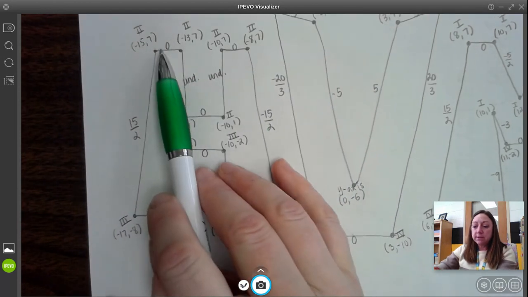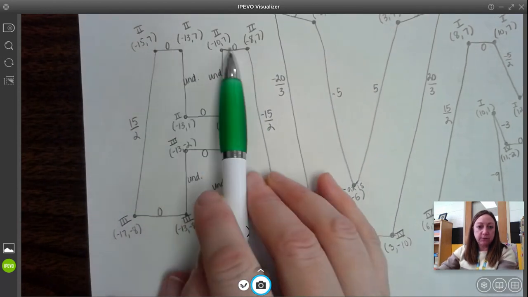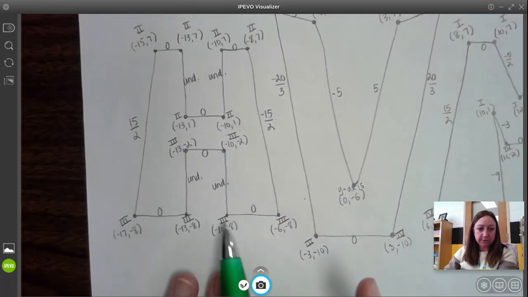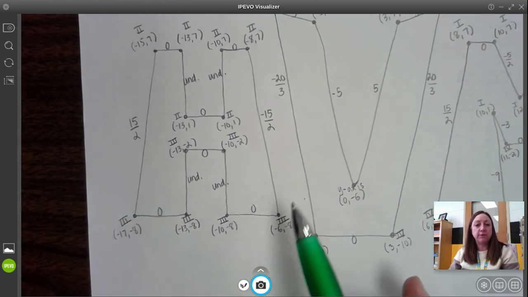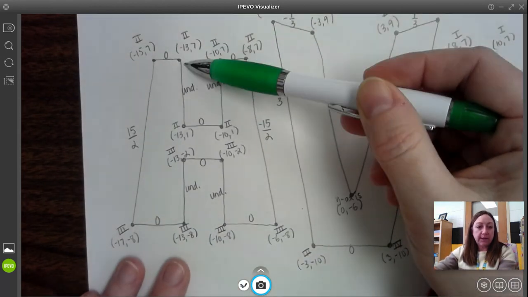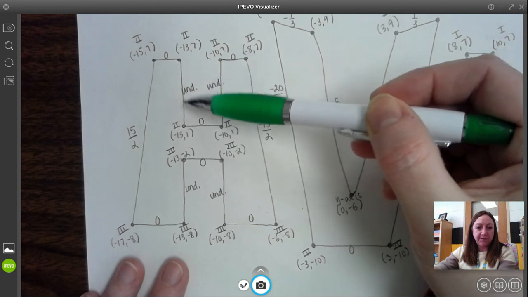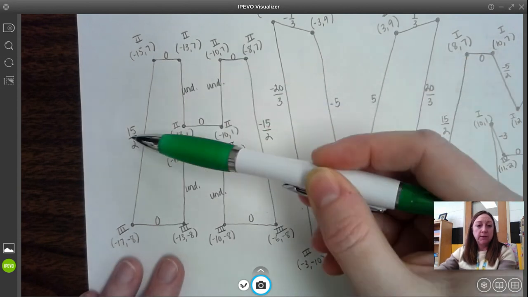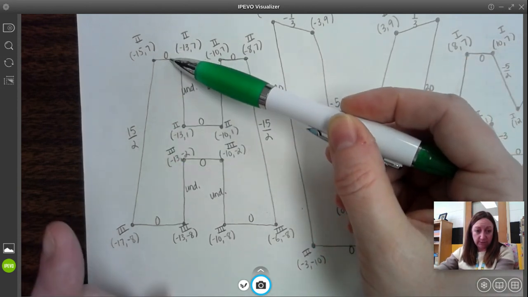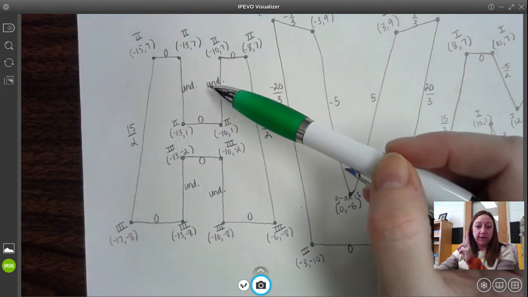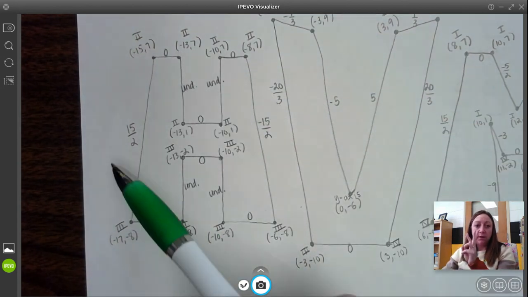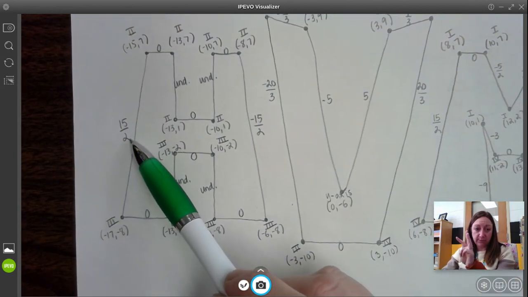So here you can see I have 0 slope. All of these horizontal lines are going to be 0 slope. There's a lot of those, and you probably will have those too. And the vertical lines are undefined, which you can abbreviate as UND if you want. So 0 is one type of slope. Undefined is 2 types of slope. 15 over 2 is a third type of slope.